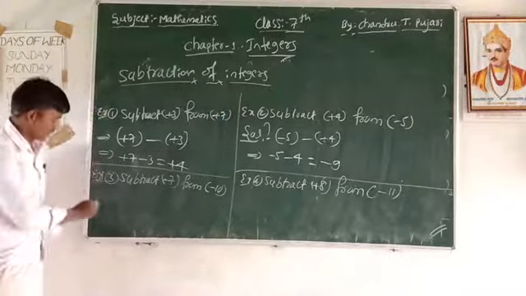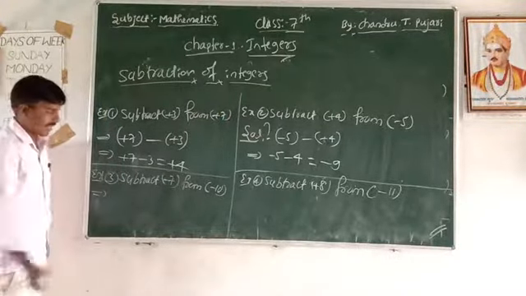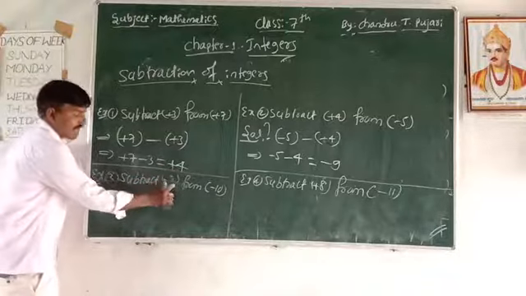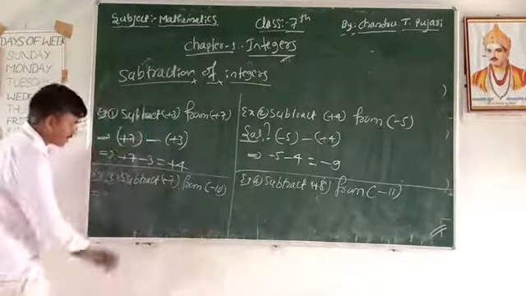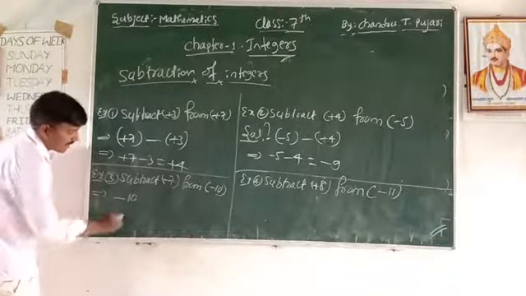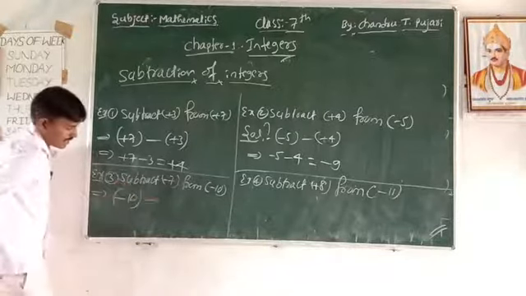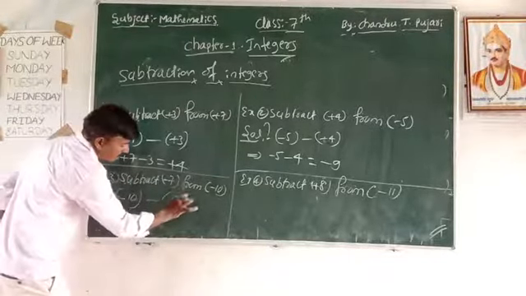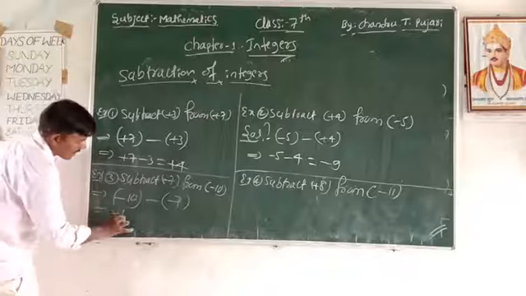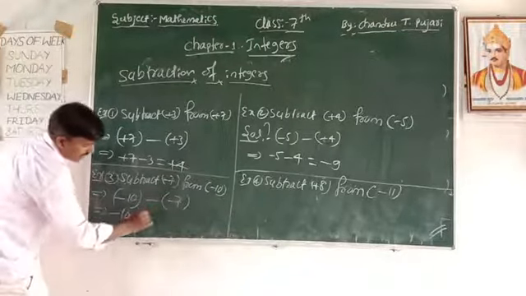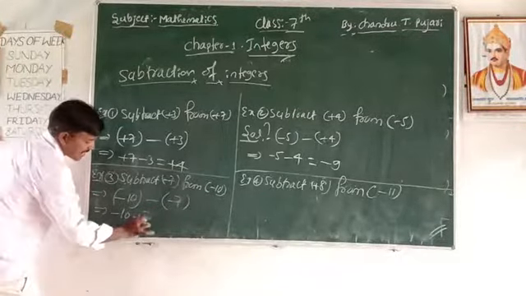First, the third statement is subtract minus 7 from minus 10. First we write minus 10. The subtract sign is minus, and this one is also minus. Therefore, minus 10, minus times minus is plus 7.